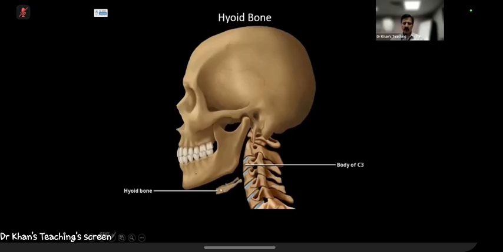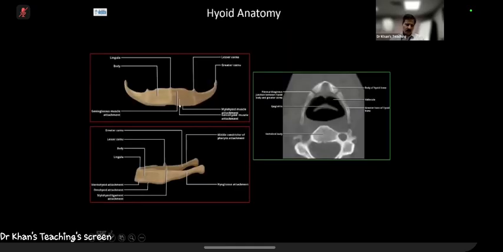So it is sort of a floating bone in between the mandible and the larynx, the thyroid cartilage. Look at this structure. This is the body of the hyoid bone, and two names you should remember: the lesser cornu and the greater cornu. This is the lesser and this is the greater cornu.